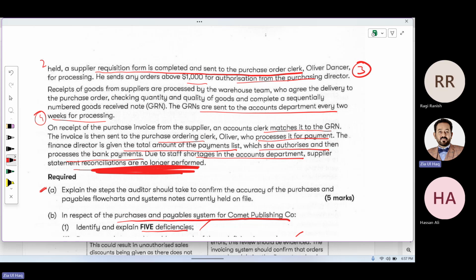And there is one more issue. The invoice is matched with the GRN and sent to the ledger clerk who processes it for payment. And who is authorizing payments? The finance director is authorizing, so there are two signatories. Are they processing payments by checking and cancelling the supporting document?